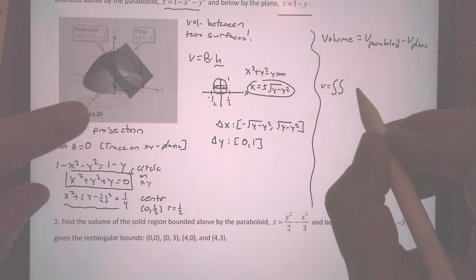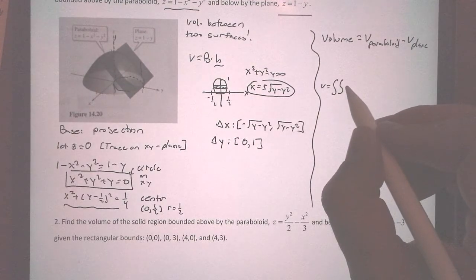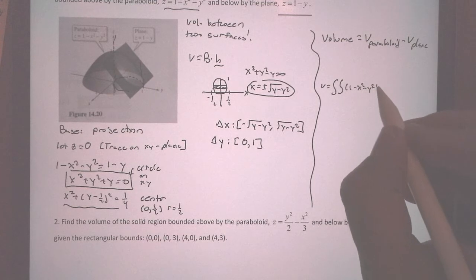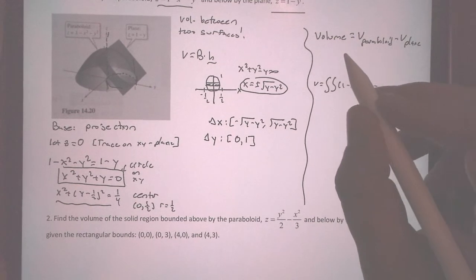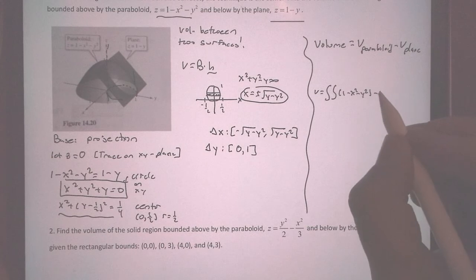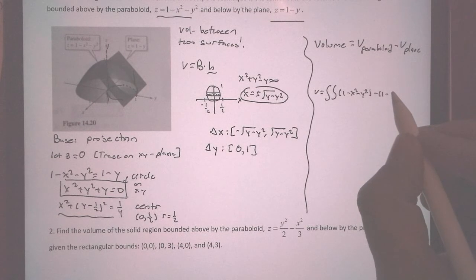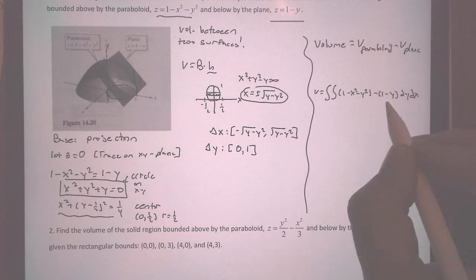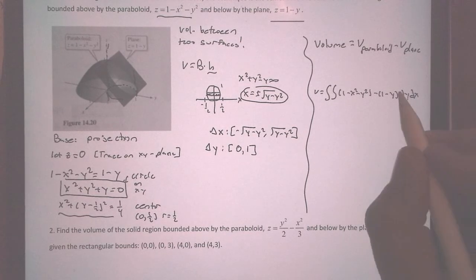Okay, well how do we get the paraboloid? Well, the paraboloid, remember, was this 1 minus x squared minus y squared, minus the volume of my plane, which was this 1 minus y, dy dx. And remember, we switched around, excuse me.